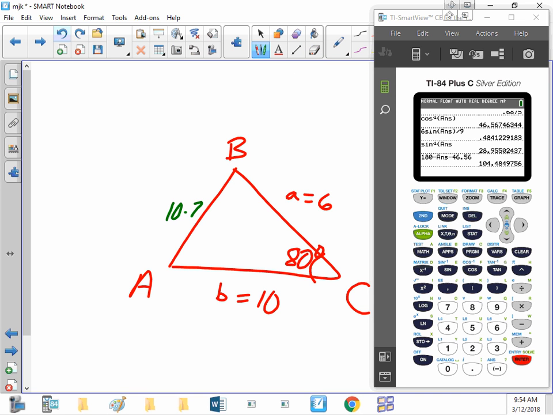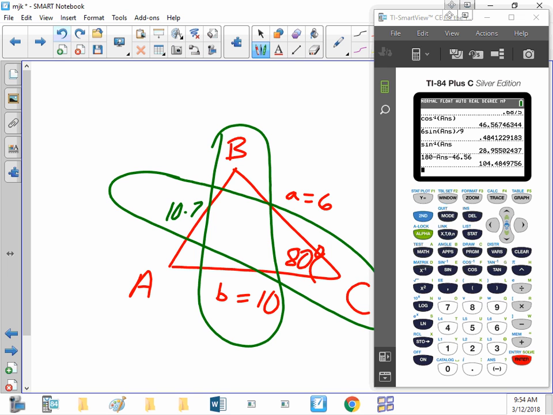Now I can do the law of sines, and I have both C's, and then I could solve for B. Do you need to see that? Okay, and then once we figure out what angle B is, then you just subtract from 180 to find angle A. Easy enough?